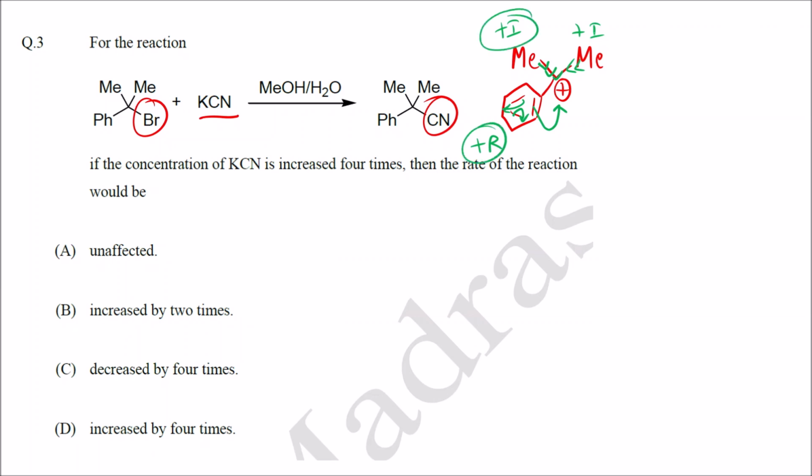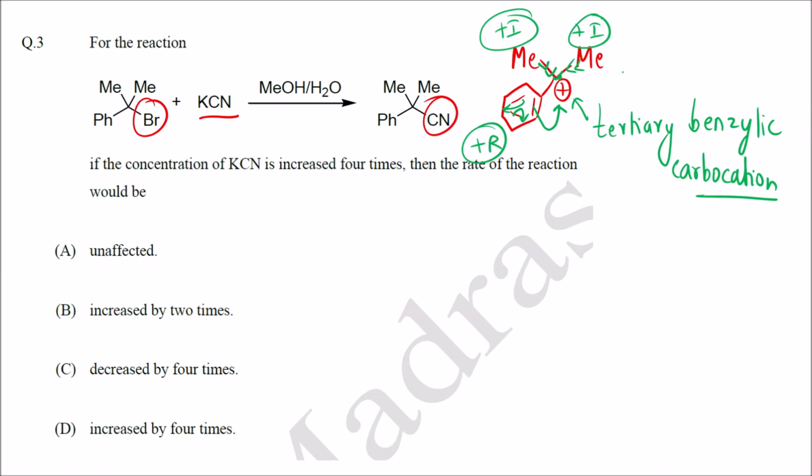So this is a very stable tertiary carbocation, and the positive charge is present at the carbon next to the benzene ring, which is called the benzylic position. So this will be called a tertiary benzylic carbocation. It is a very stable carbocation, so this will be formed and the mechanism followed for this reaction will be SN1 reaction.